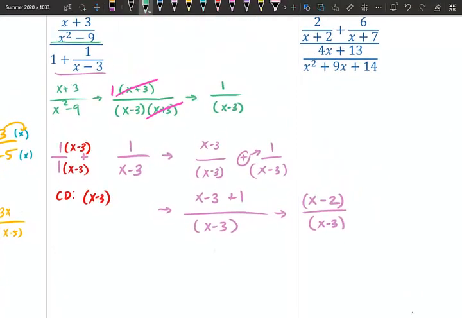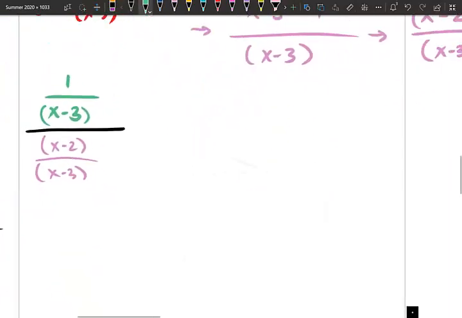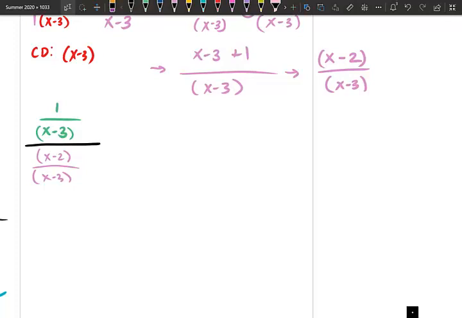So the top simplified to 1 over x minus 3, and that's being divided by the bottom, which simplified down to x minus 2 over x minus 3. Yes, you can cancel x minus 3.